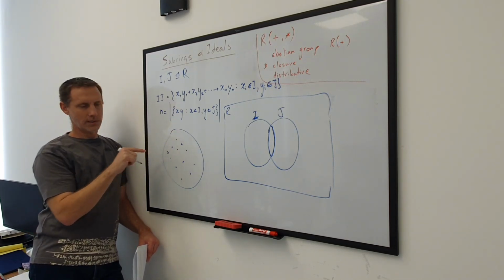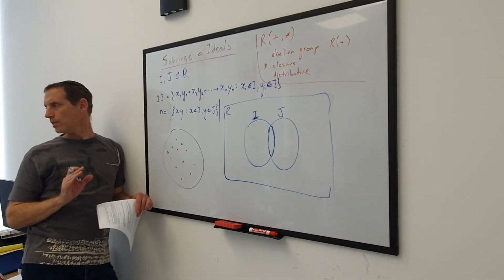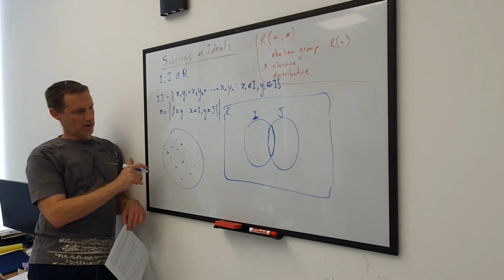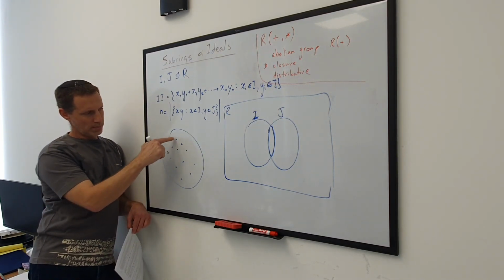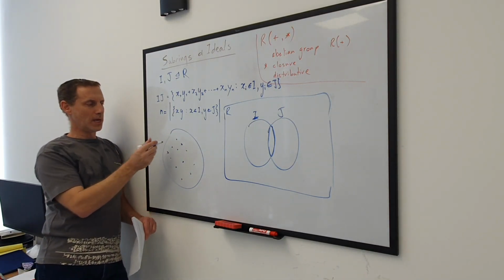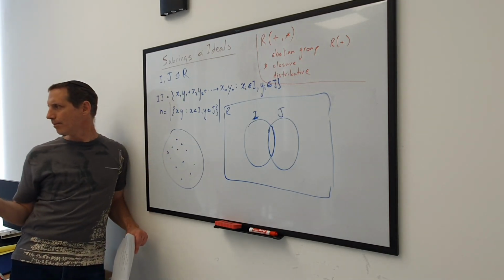No, not necessarily. In the general case, it won't. You can find examples where the sum of this and this will not be in here. You won't be able to describe the sum of two products as a product, basically.